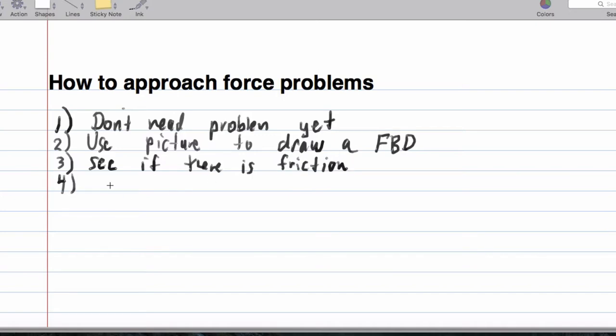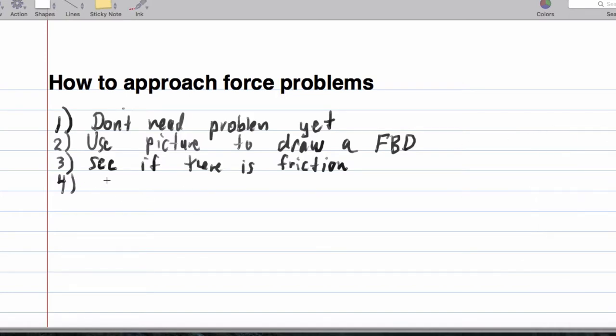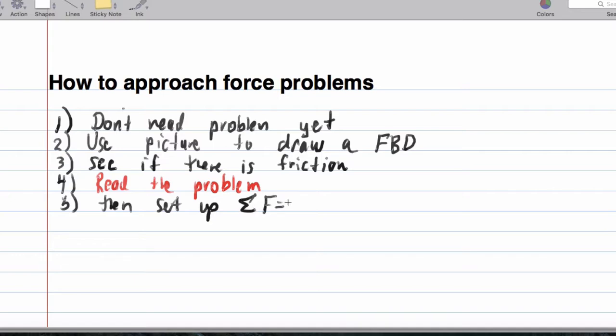And finally, once you've got that free body diagram, okay, read the problem, then set up balanced to unbalanced forces in X and Y, that's Newton's second law, and solve everything, even if the problem doesn't ask for it.